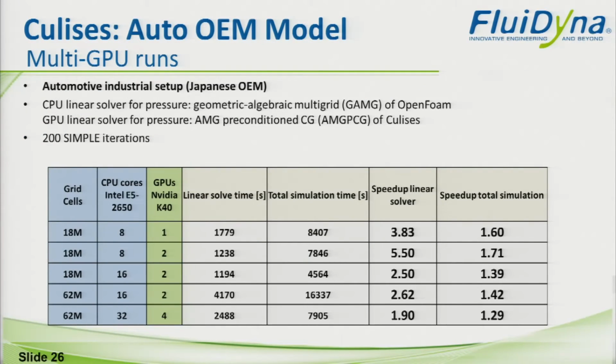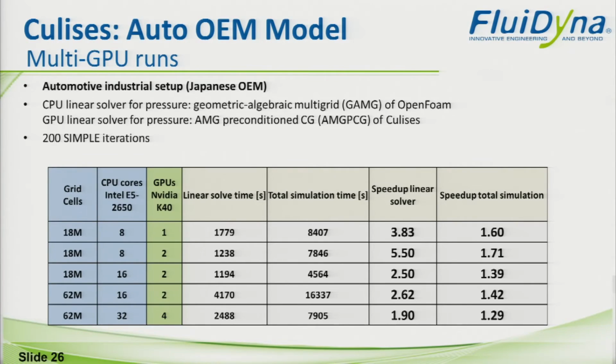So how does Culises perform on a typical automotive OEM problem? This is an external aerodynamics problem. It's optimized on both CPU and GPU so that you have a fair comparison. On the CPU side, the calculations are run with geometric algebraic multigrid, and on GPUs it is handled by the AMG preconditioned conjugate gradient method.